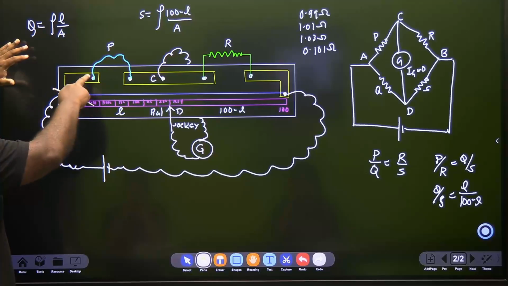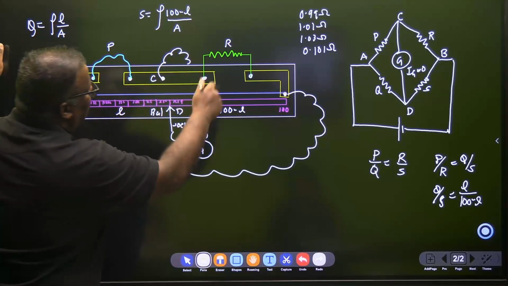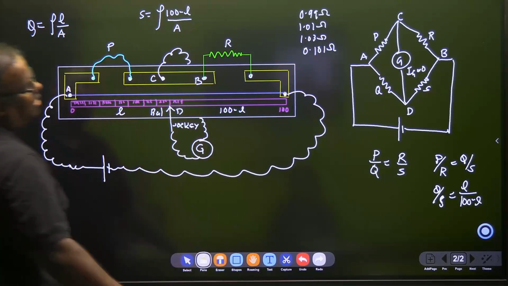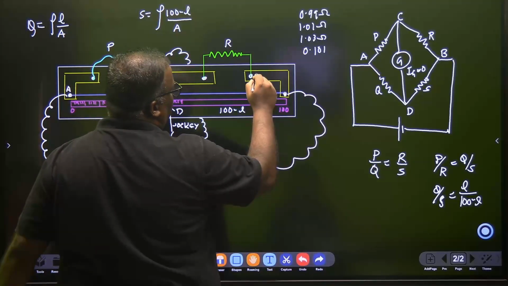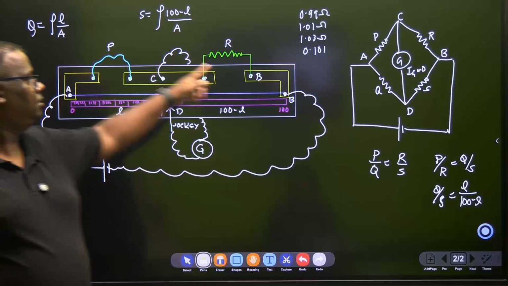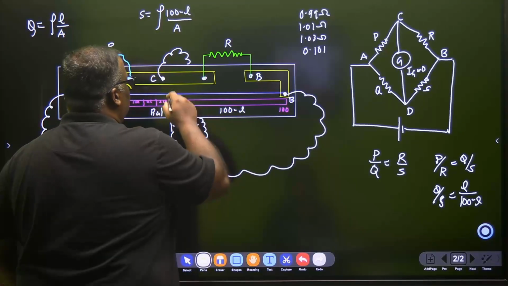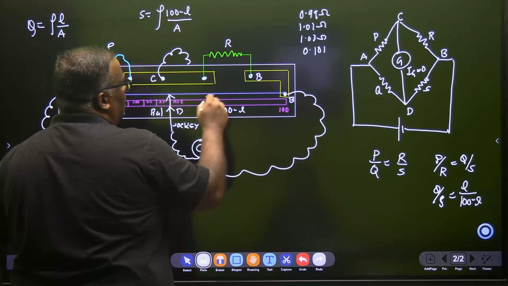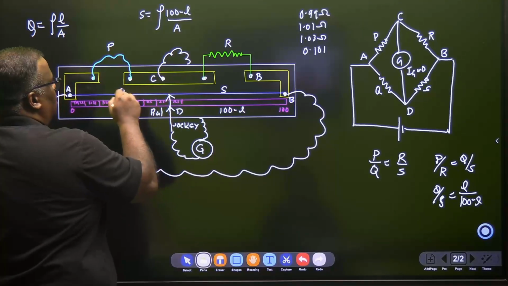From A, there is a resistance P. It goes to C, then it goes to B. So this is B, right? No, this is not B, because B is after the resistance. So this is B. If this is B, this is also B. And then you get your resistance, then you get this much value. So your jockey will be actually touching here, not the scale. So this becomes your S, this becomes your Q.